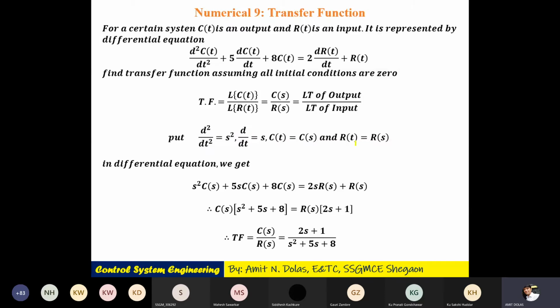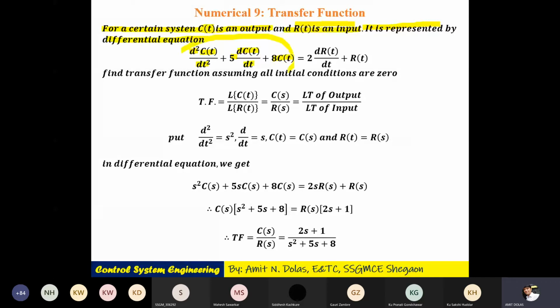So numerical number 9. For a certain system, c of t is the response, that is the output, and r of t is the input, that is the excitation. It is represented by the differential equation d square c(t) by dt square plus 5 dc(t) by dt plus 8 c(t) equal to 2 dr(t) by dt plus r(t).